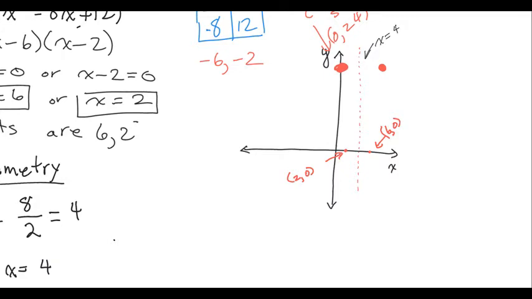Now that I've got those 2 points, and I have my vertex, which I will plot as 4, negative 8, which is somewhere down here, now I can go and graph the rest of my parabola. It goes through the points, down and up. And make sure you draw your arrow, and then you label your equation. y is equal to 2x squared minus 16x plus 24.